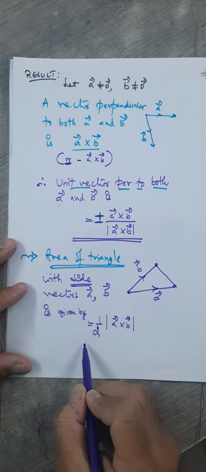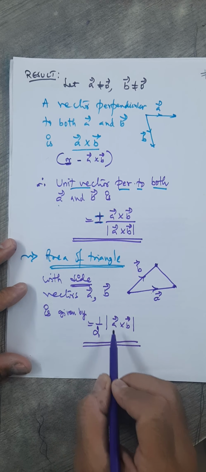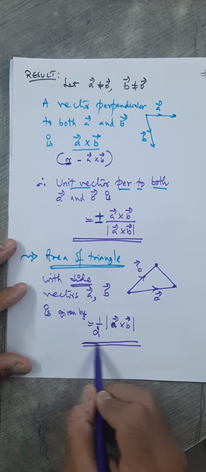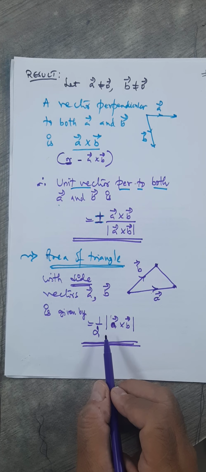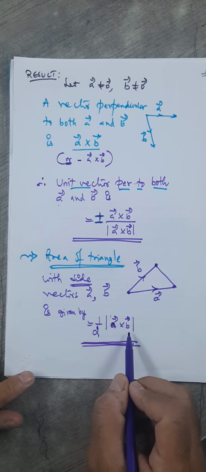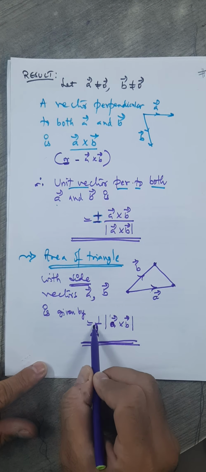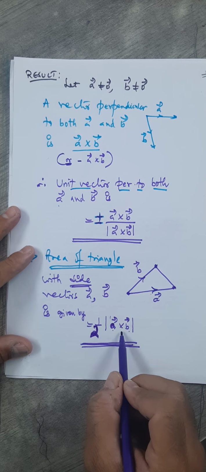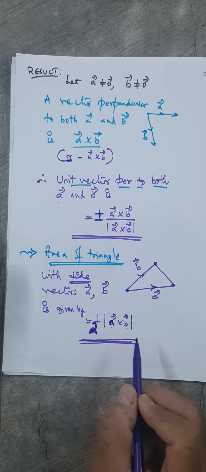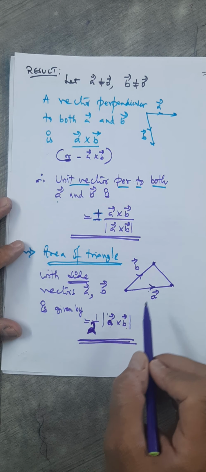Remember, this can be proved, not a big task, but if you observe, this is indirectly a determinant. So we had the same formula even in the determinant chapter, half modulus D, if you recall. Here it is half the magnitude of the cross product of two side vectors. Any two, you can take these two also.